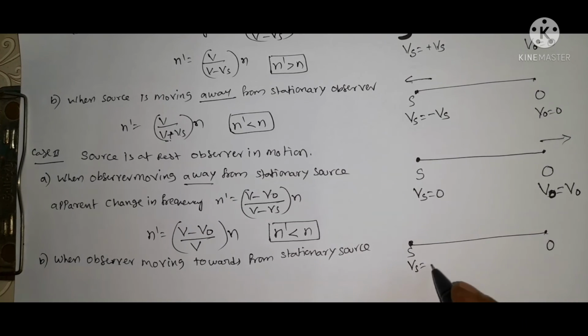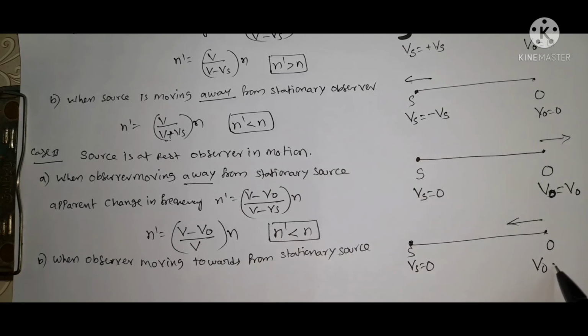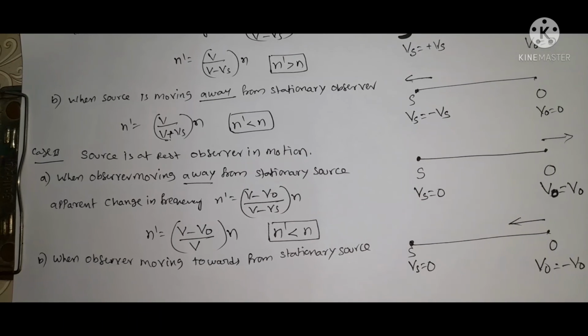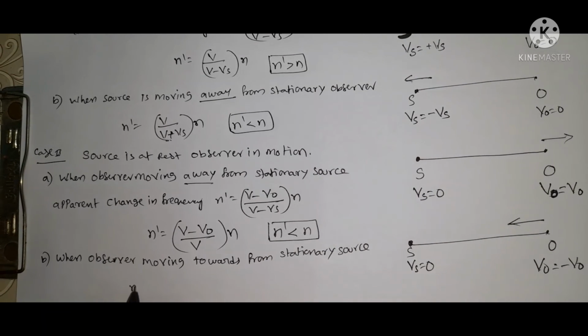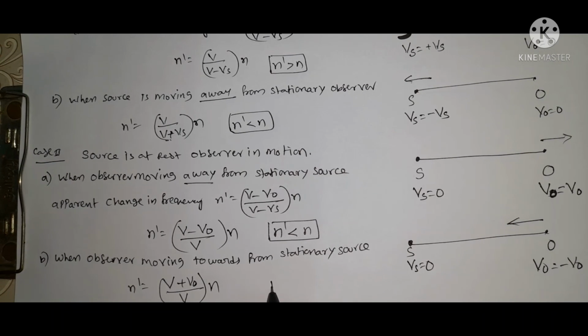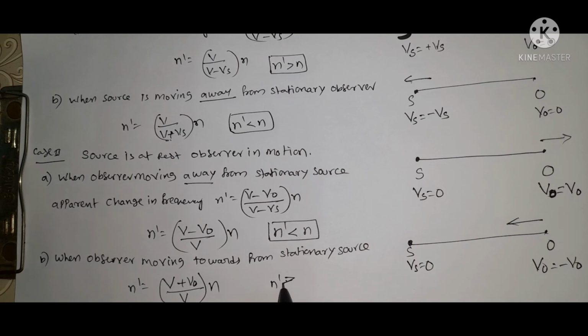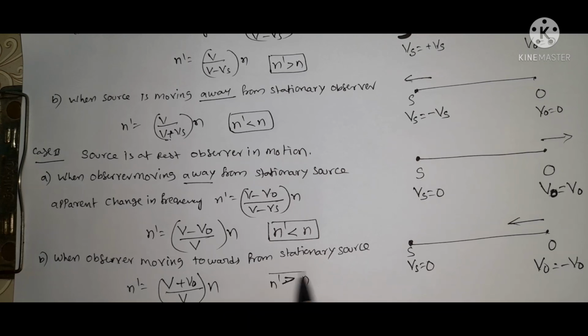This is 0 velocity, and this is moving towards, that means the negative direction, minus V0. Then substituting in the same equation, n dash equals V minus of minus V0, that is plus V0, by V into n. So the numerator is more, that is, the apparent frequency will be more than the original frequency.